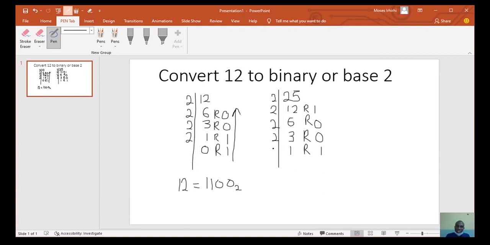Then we go again. 1, we cannot stop here, because we have to have 0 here. So 1 divided by 2. Remember, 1 cannot divide 2, so we put a 0 here. But we didn't use this one at all, so it is now remainder 1. Then we take our reading from the bottom upwards. Now it becomes 1, 1, 0, 0, 1, and you put a subscript 2 here to make it base 2.